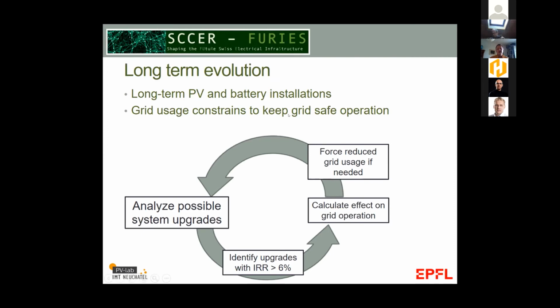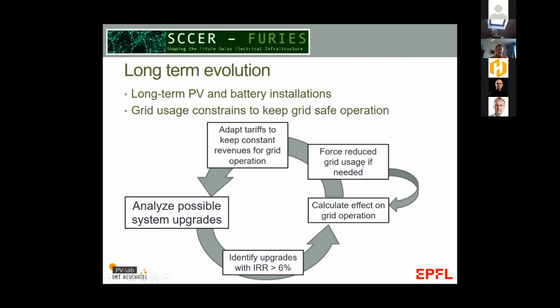If the grid is no more in safe operation, you reduce the grid usage. So basically you impose a decrease in the maximum possible grid usage. And then you adapt the tariff to keep a constant revenue for the grid operation, so the DSO revenue. And you do that for every year from 2020 to 2050.